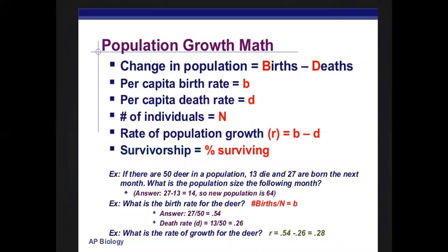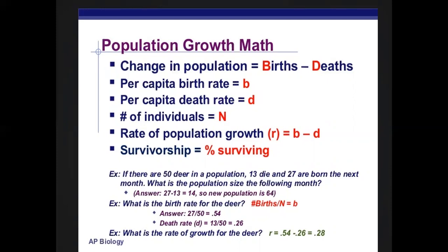Dear cadets, population growth math. Change in population equals birth minus death. Here B equals per capita birth rate, D equals per capita death rate, and N equals the number of individuals.